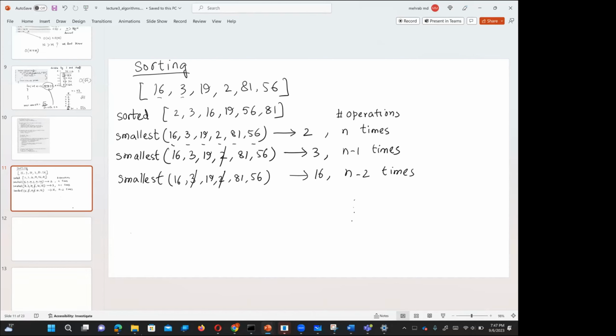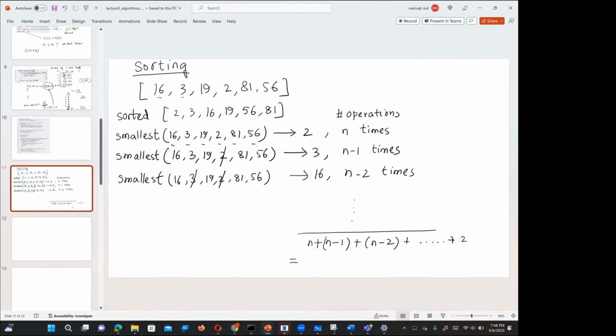So he will keep on doing this, and the total number of elements he inspects is n plus n minus 1 plus n minus 2, and so on. Finally there'll be 2 elements, and he's done.